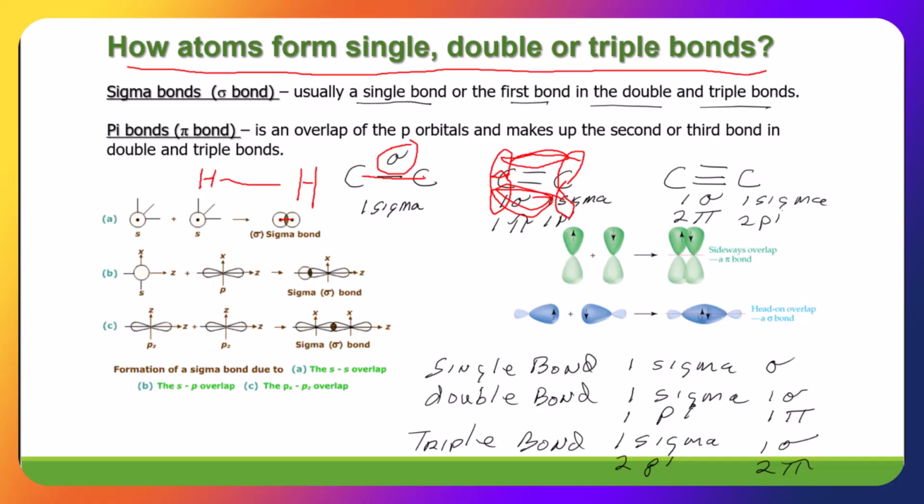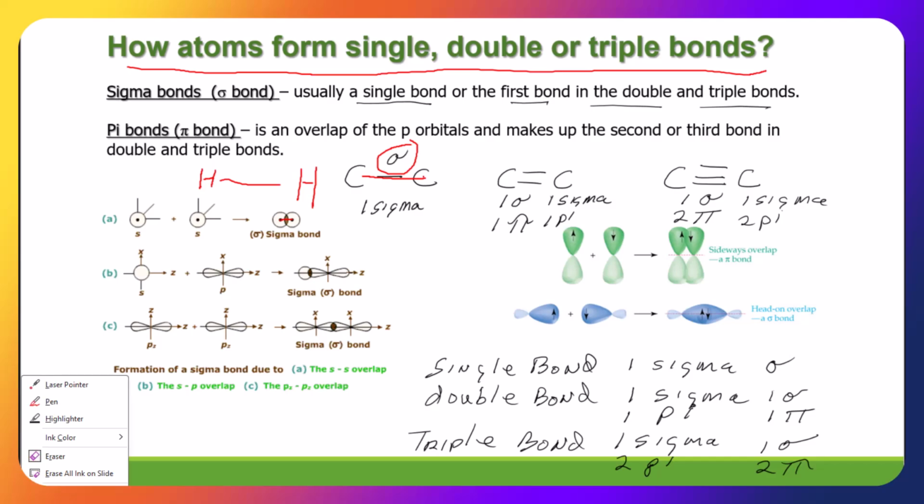The important thing to remember here for answering questions is that double bonds have one sigma and one pi bond. So a double bond is one sigma and one pi bond.